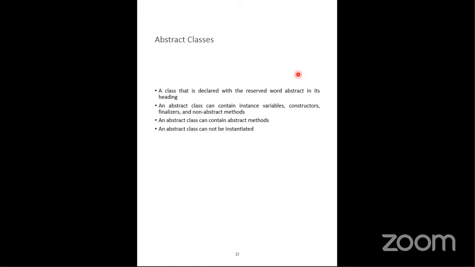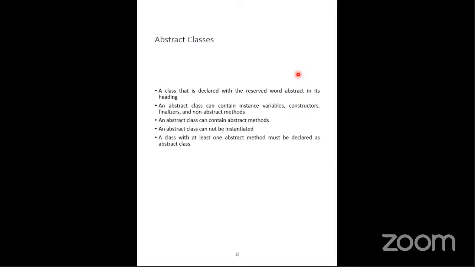An abstract class cannot be instantiated, cannot have an object of itself, because it has one or more abstract methods, so the complete implementation is not available. And because complete implementation is not available, I cannot create an object of an abstract class. A class with at least one abstract method must be declared as an abstract class.